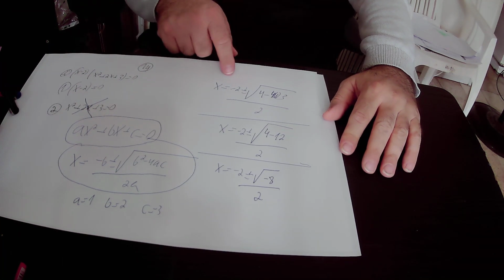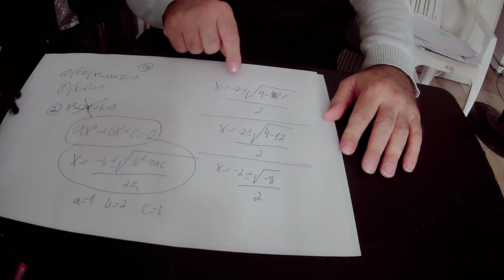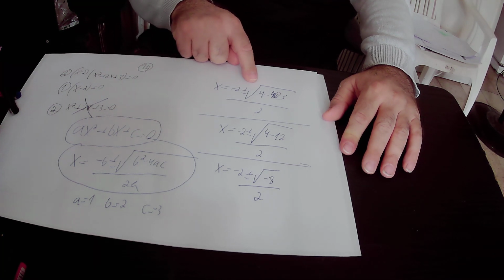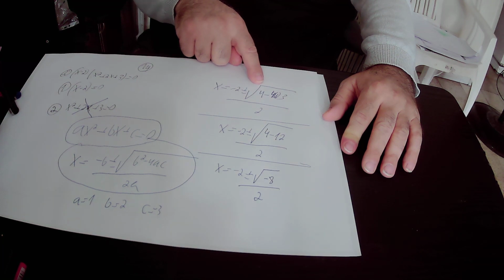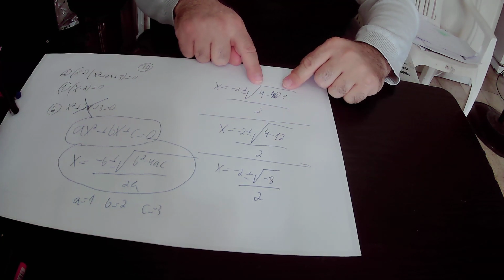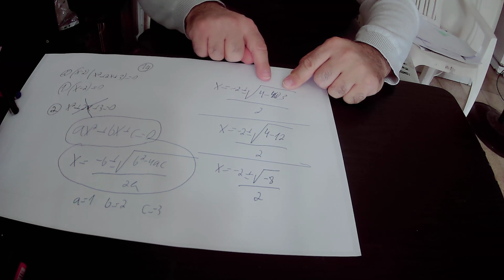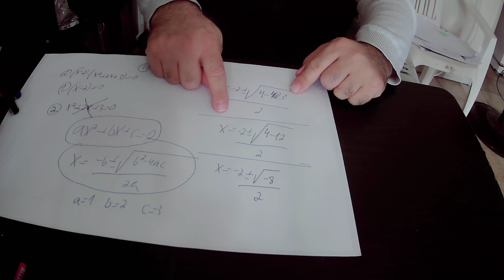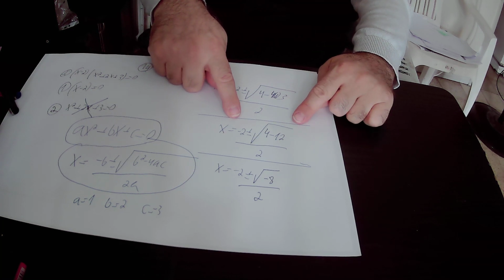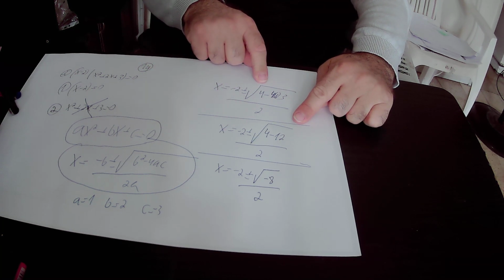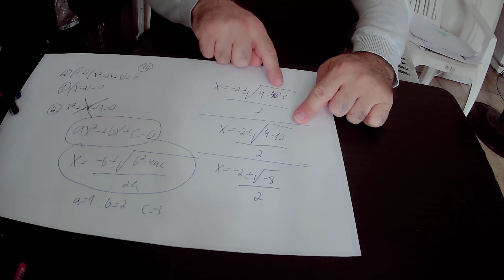So x equals minus b, b equals 2, so minus b is minus 2, plus minus the square root of b squared, b is 2, so b squared is 2 squared, which is 4, minus 4 times a times c, a is 1 and c is 3, so in total this is 4 times 1 times 3. So we got that x equals minus 2 plus minus the square root of 4 minus 4 times 3, which is 12.